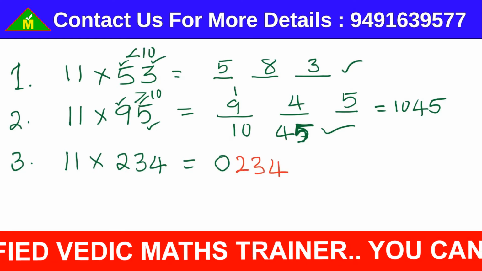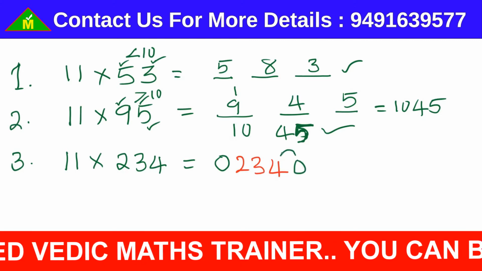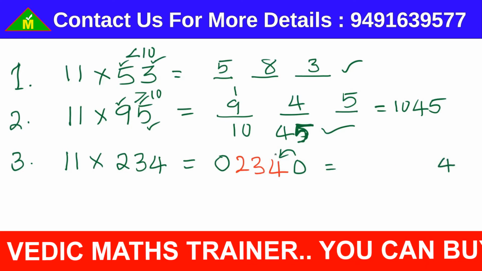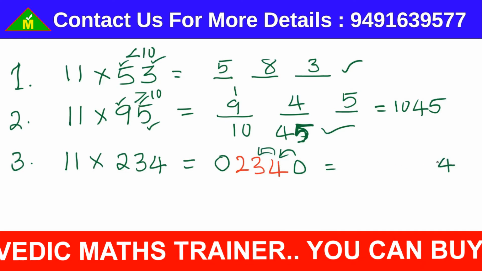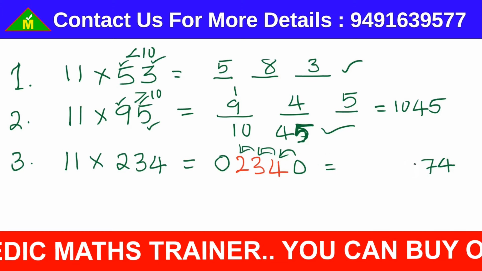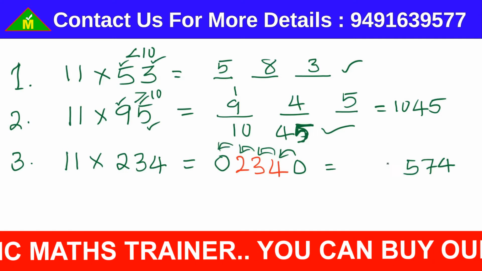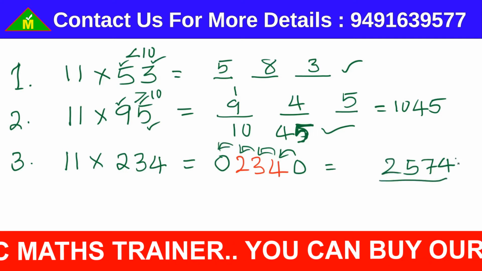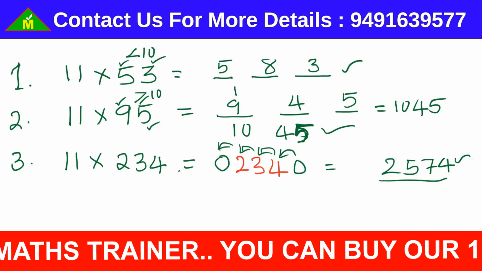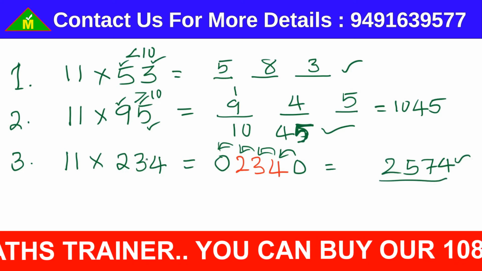Okay, so now 0, 4 is 4, 4, 3, 7, 3, 2, 5, 2, 0, 2. See, this is the answer, friend. This is also like case 1 only, where the sum of the two digits is less than 10 only.